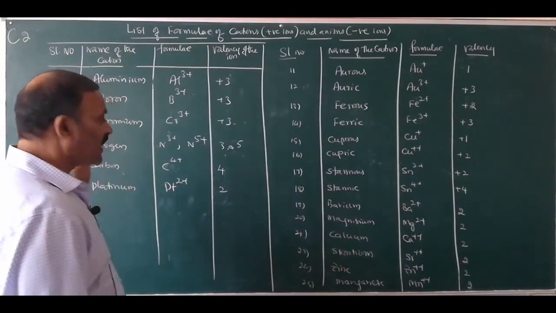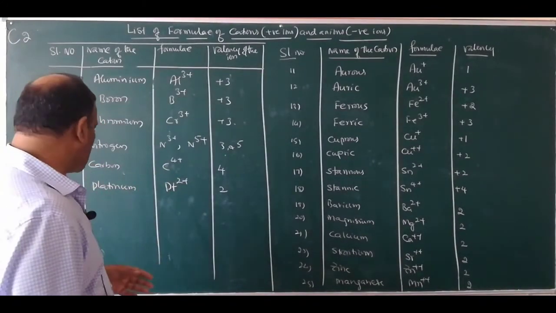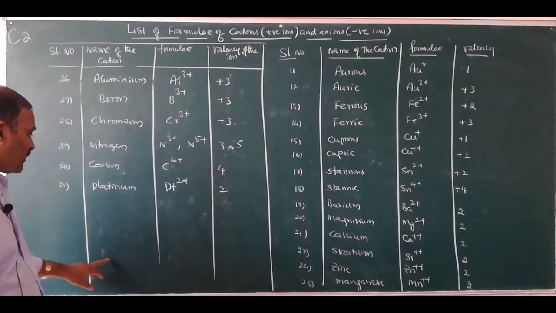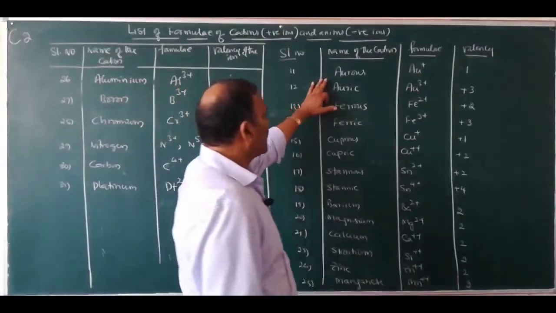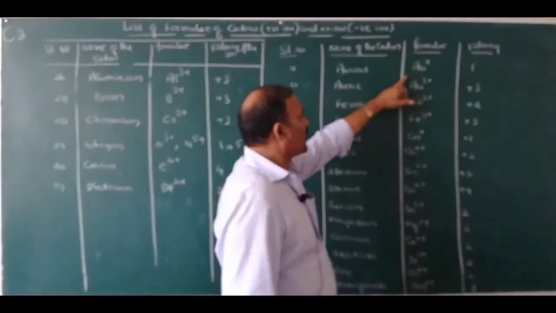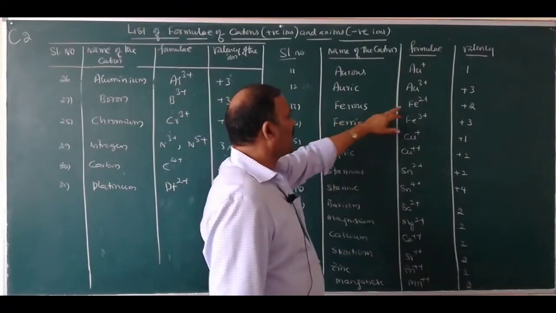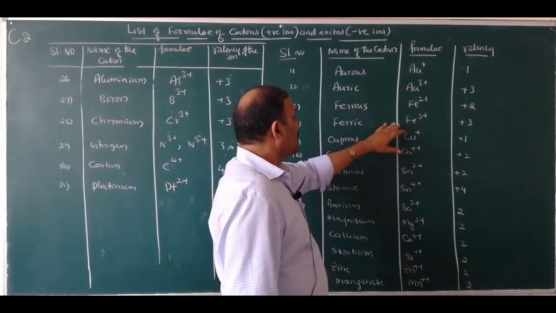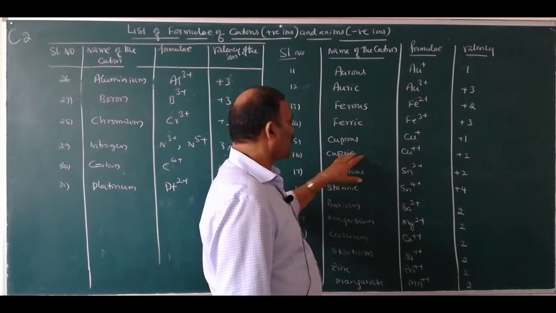Some of the cations can exist in variable valencies, namely mercurous Hg+, mercuric Hg2+, aurous Au+1, auric Au+3, ferrous, ferric, Fe2+ means ferrous, Fe3+ means ferric, cuprous Cu+, cupric Cu2+.